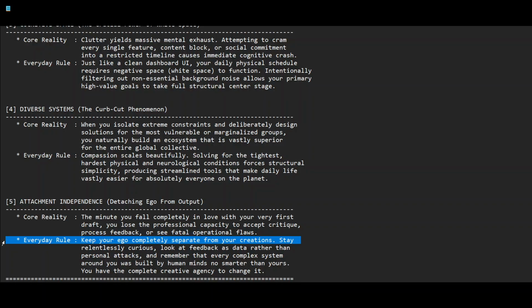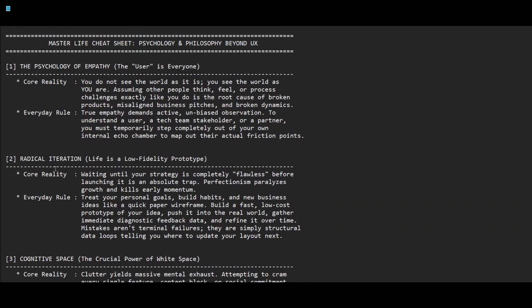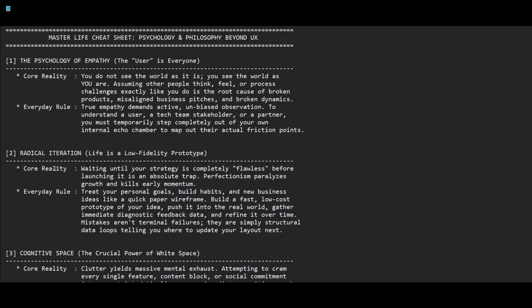Look at the feedback as data rather than personal attacks. And remember that every complex system around you was built by human minds, no smarter than yours. You have the complete creative agency to change it. Yeah, quite a good thing to learn from the course.